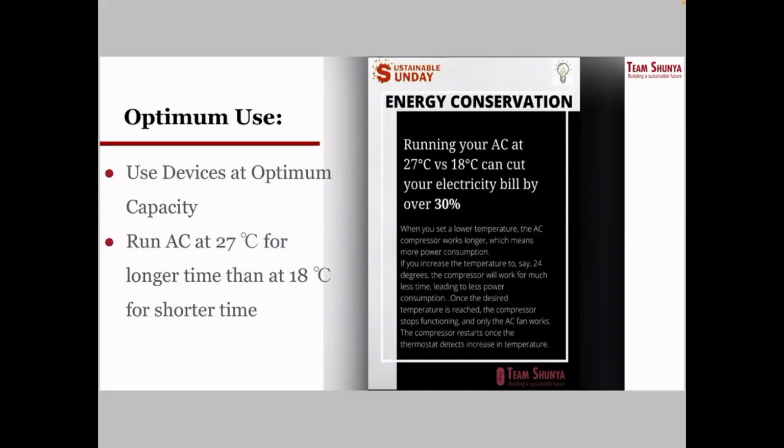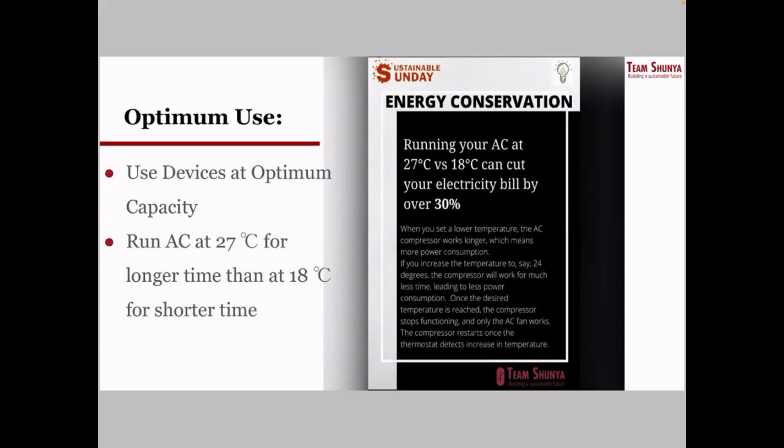Like our ACs or refrigerators, take the example of ACs. If we operate them at 27 degrees Celsius, they will work with maximum efficiency. And if we reduce the temperature to 18 degrees Celsius, they will operate with lower efficiency. One can say that by reducing the temperature, we are reducing the time required for cooling, but we are reducing the efficiency of the cooling as well.